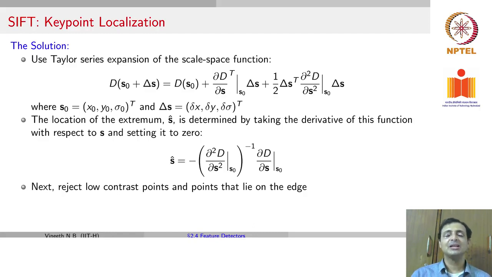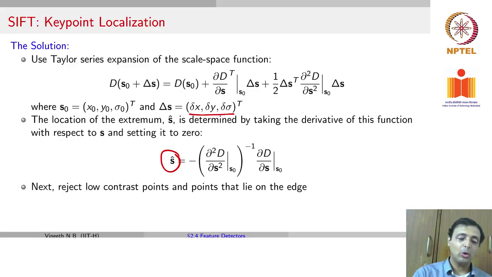Simple finite differences, the way we talked about computing gradients with respect to edges, exactly the same way this can be computed, and we can solve for delta S, which gives us delta x, delta y, delta sigma, where the actual extrema is achieved. So now we exactly know where the extrema is achieved. So this could help us localize better.